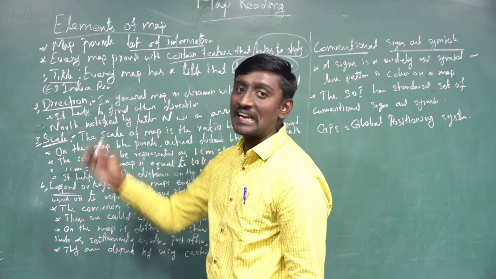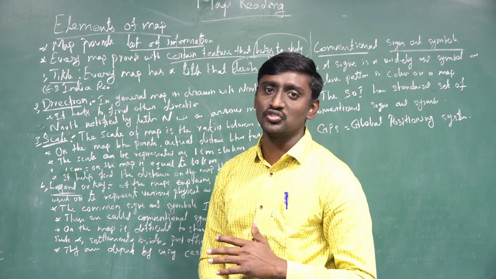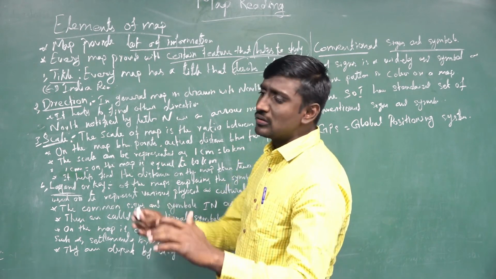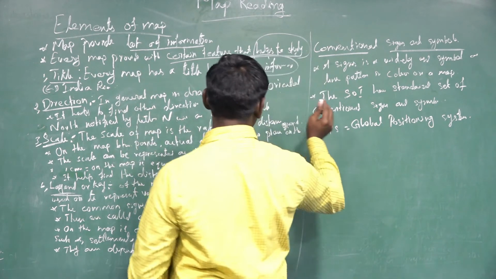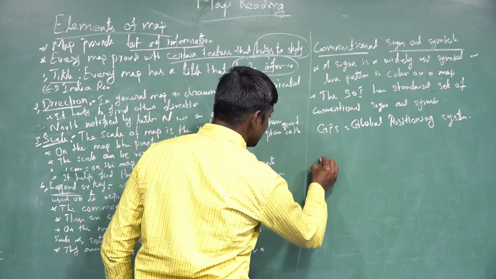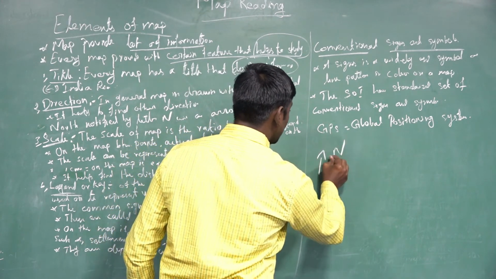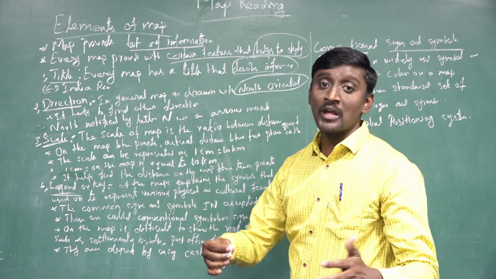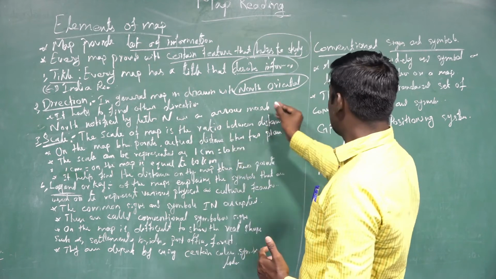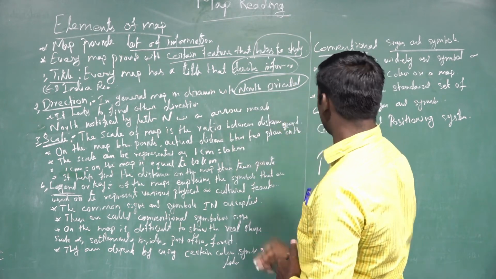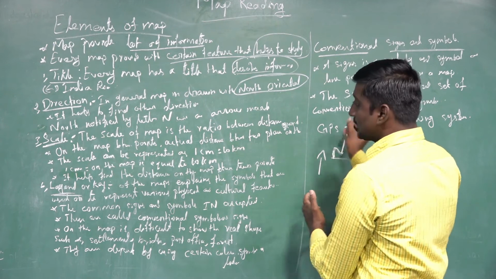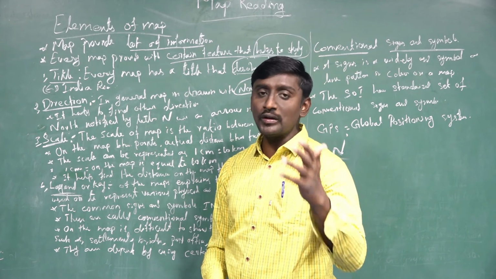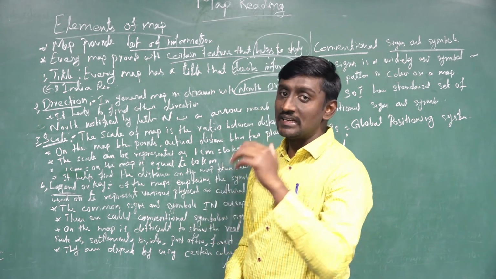The next one is direction. Direction is very important. Generally all maps are drawn north oriented, with north marked as N. It helps to find the other directions easily.